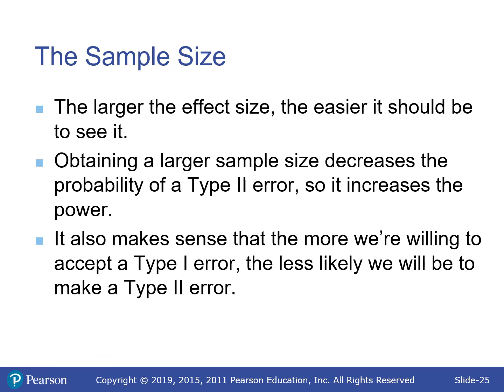And it also makes sense that the more willing we are to make a type 1 error, the less likely we will make a type 2 error. So instead of an alpha of 0.05, we can have an alpha of 0.1. More chance of making a type 1 error and getting that false positive, but there's less of a chance of making that type 2 error and getting a false negative.